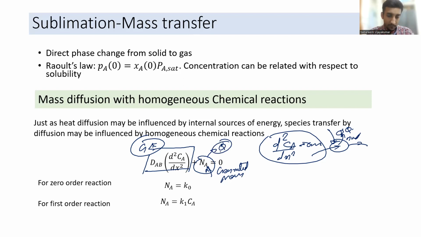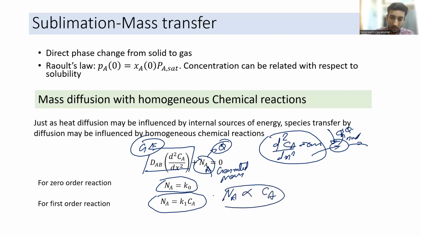For a zero order reaction, Na is equal to K0, and for a first order reaction, Na is equal to K1 into Ca. This is proportional to the concentration. There are first order, second order and third order reactions.